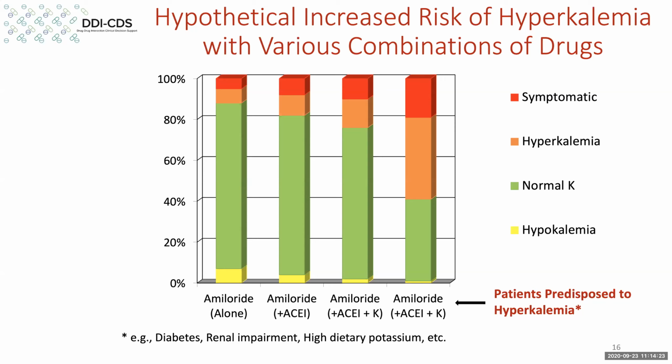And what we tried to show here is the incidences of symptomatic hyperkalemia, asymptomatic hyperkalemia, normal potassium, and hypokalemia across the use of a potassium-sparing diuretic by itself, potassium-sparing diuretic with an ACE inhibitor, potassium-sparing diuretic, ACE inhibitor, and K supplement. And then the final group would be the potassium-sparing diuretic, ACE inhibitor, K supplement, and patients who are predisposed with one of the other risk factors, the diabetes, renal impairment, et cetera.